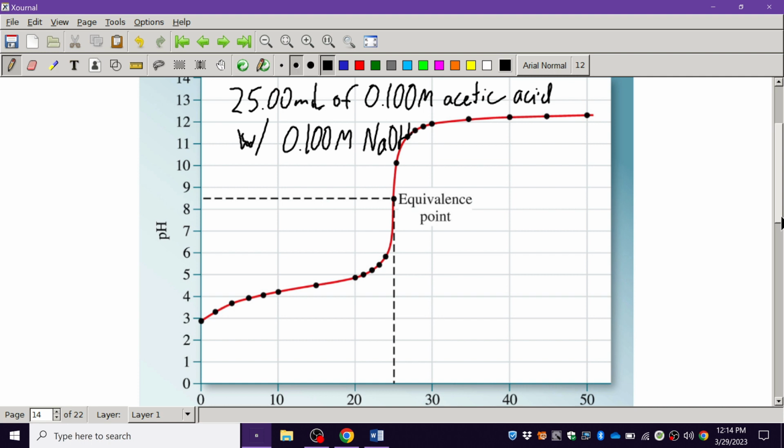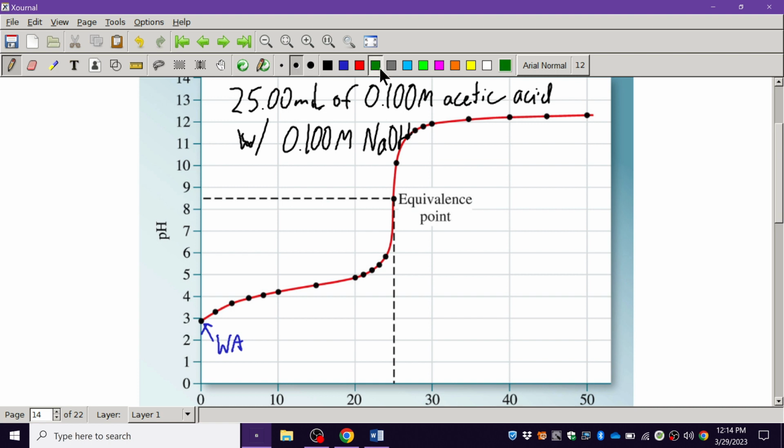There's nothing new. All right, now we could draw out a roadmap as well. It's a little bit different. It's more complex than the strong acid, strong base titration curve. And so to start with, what do we have? We have a solution that is a weak acid. You can calculate the pH of that solution the way you calculate the pH of any weak acid solution, which means, of course, you need to have a Ka value.